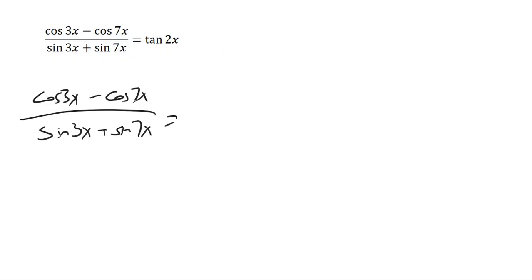This does sum to product formulas. So if we use it, cosine of A minus cosine of B is something on your identity sheet, hopefully. Otherwise, you have to memorize it. It is minus 2 sine of the sum, so 3x plus 7x would be 10x over 2.